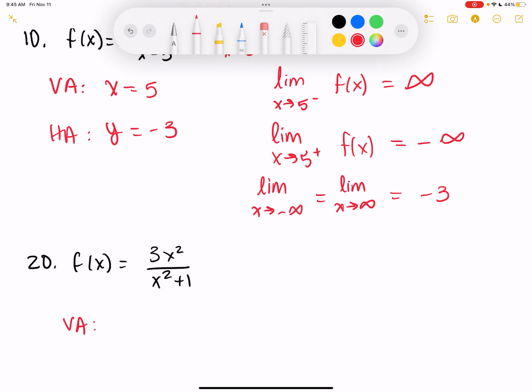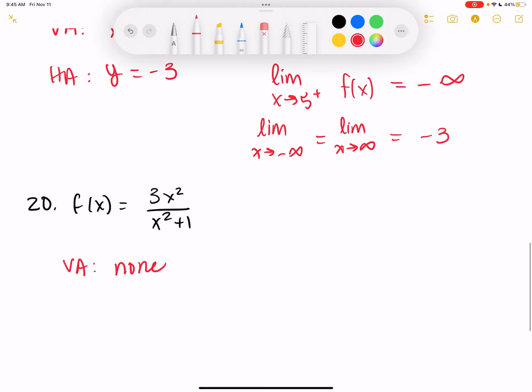Because it's plus 1, there's no way that when you set that equal to 0 and solve, you can get a value that would make that 0, unless it's not real. Because then x squared equals negative 1. Take the square root of it, so it'd be plus or minus i, which we don't care about. It's not real. Horizontal asymptote, 3.